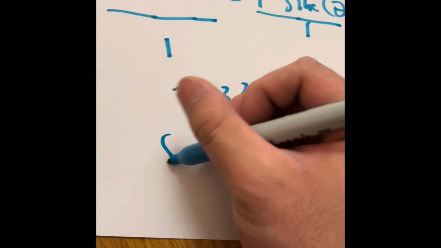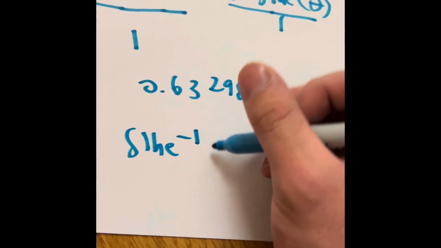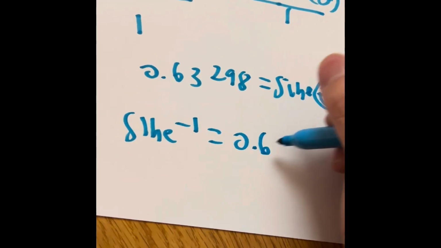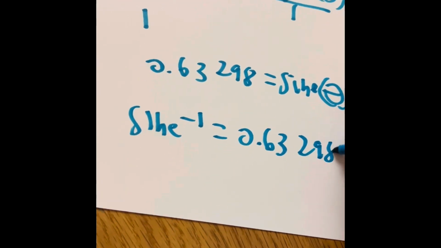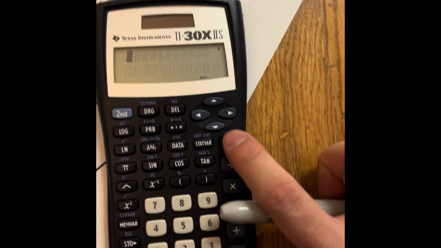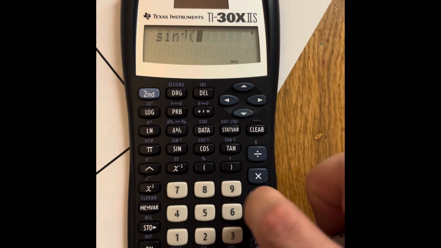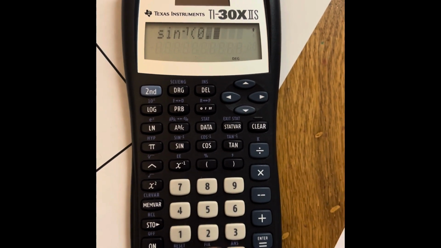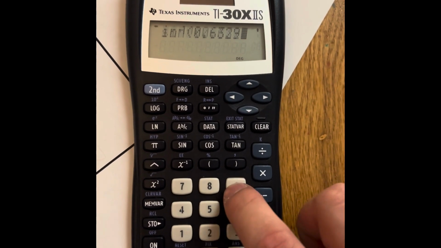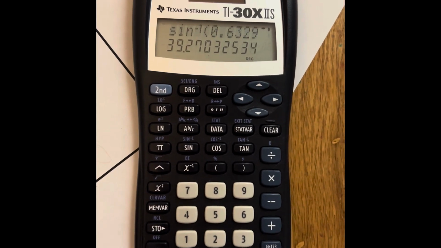Now we have to do the sine negative 1 of 0.63298. If we do the sine negative 1 of 0.63298, that's going to bring us to 39.27 degrees.